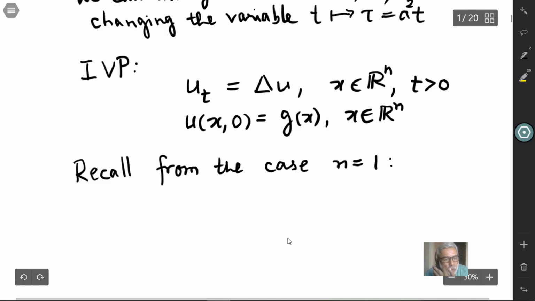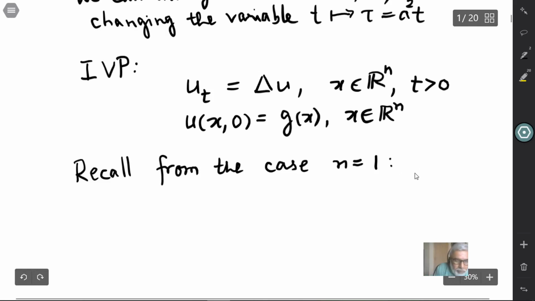So please go through the portion from the first part of this PDE course where we studied this case n equal to 1 in detail, and the same procedure will be applied even for any general n.